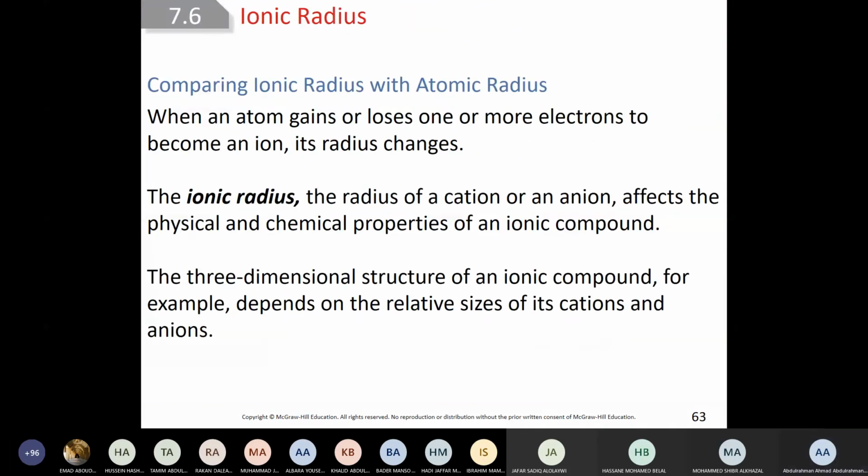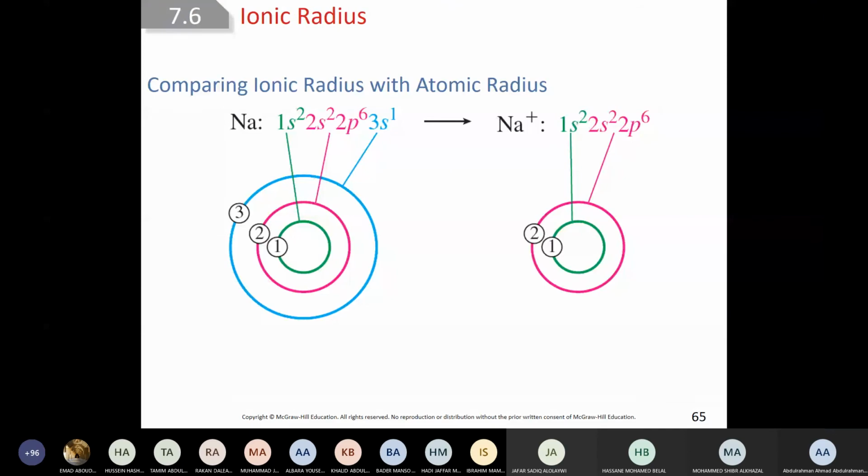Good. Now, what will happen to the radius? If we have sodium, this is the electronic structure for sodium: 1s2, 2s2, 2p6, 3s1.